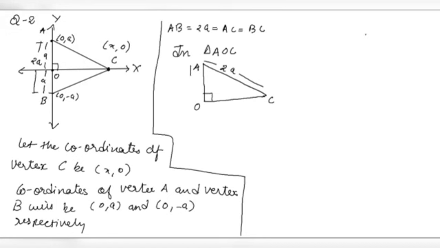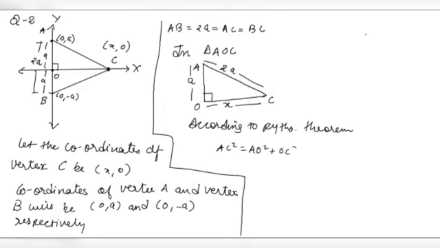This is the median, that is a, and this much is x. So OC is x, as the coordinate of C is x. So applying the Pythagoras theorem, AC square is equal to AO square plus OC square.